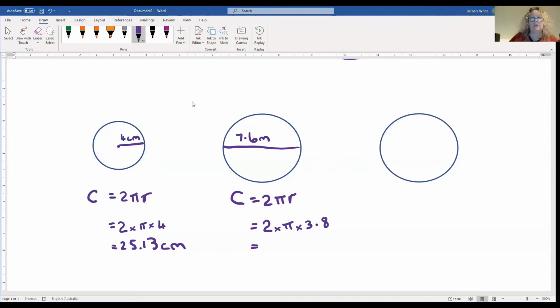And that comes to 23.88 metres. Okay, we're going to do one more and then you're going to go do some.